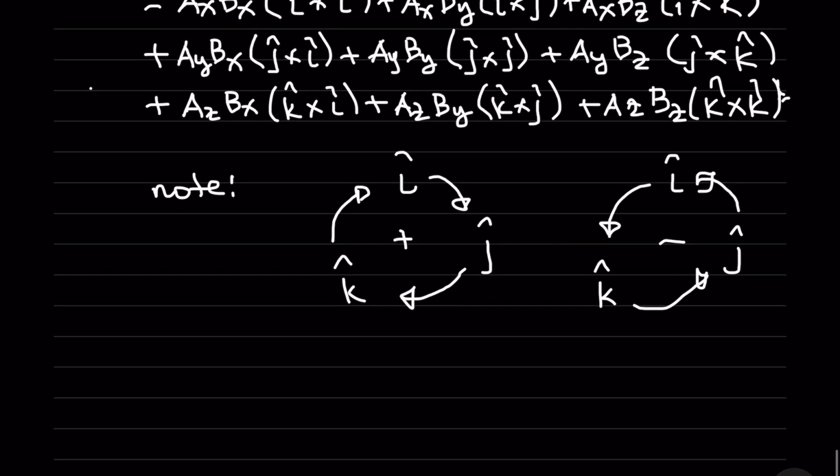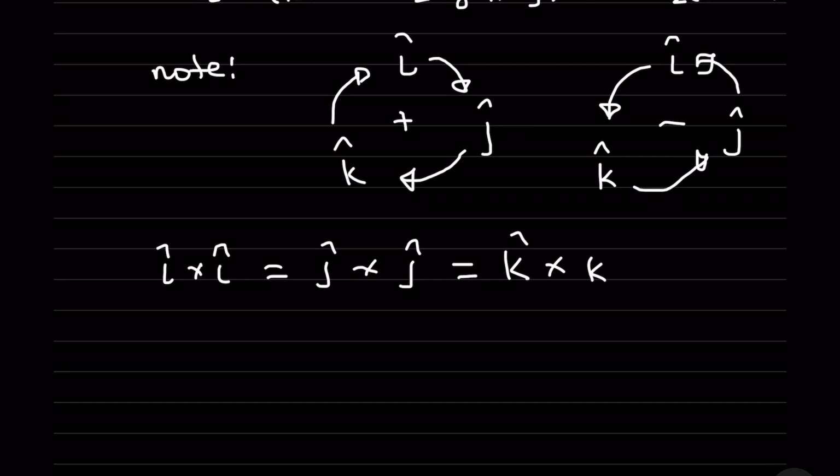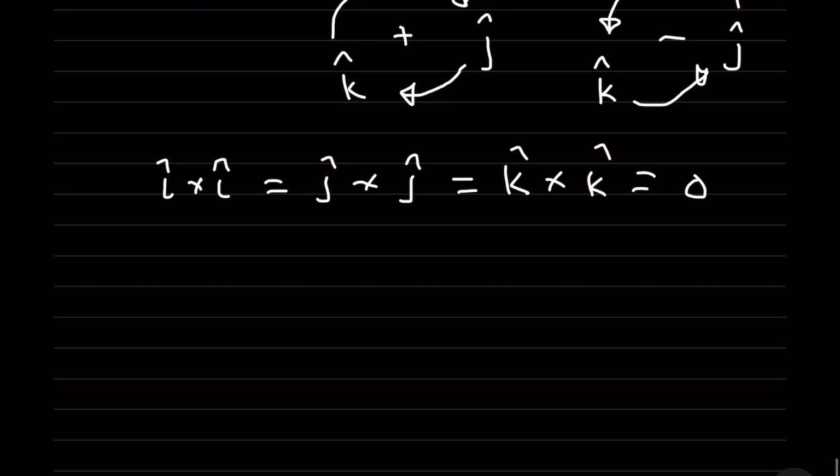So i hat cross i hat is equal to j hat cross j hat, which is equal to k hat cross k hat, which is equal to 0. For the other terms, you use the mnemonic device. i hat cross j hat is equal to k hat, and so on.